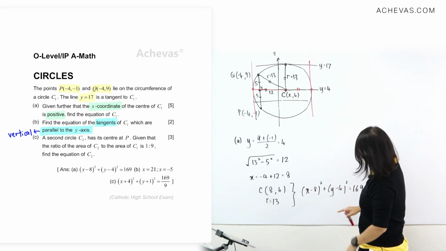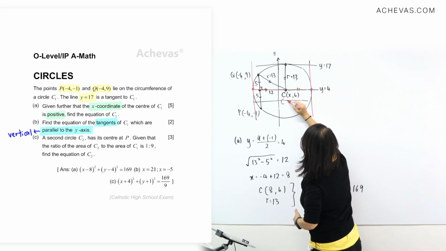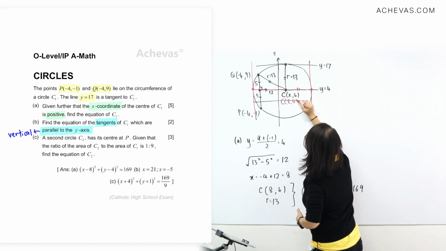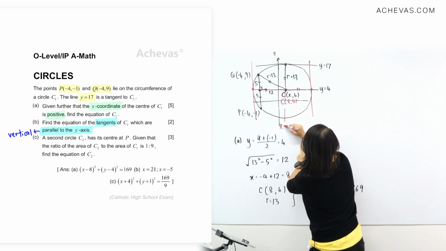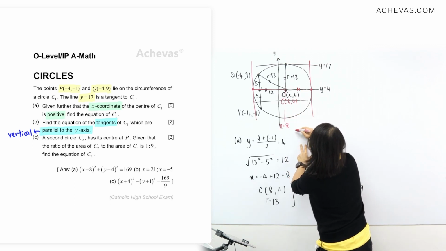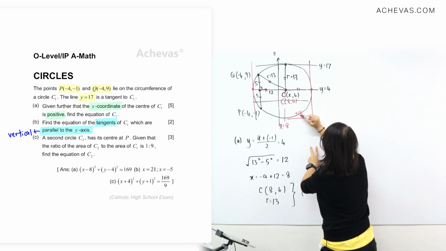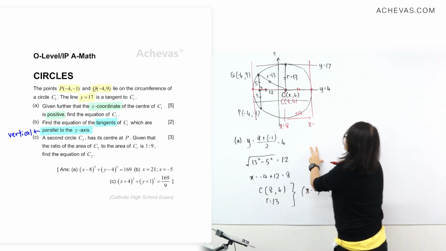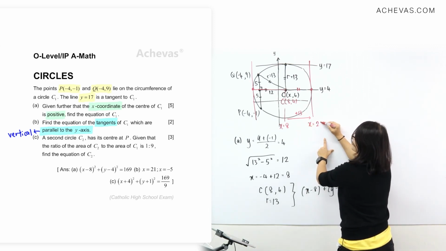To find it, we already have the x coordinate as 8 just now. Let me put it in here, (8, 4). I'm going to extend the line here. I know this line is x equals 8. Going to the right-hand side, I add 13 to find the equation of the tangent. So 8 plus 13 is 21.